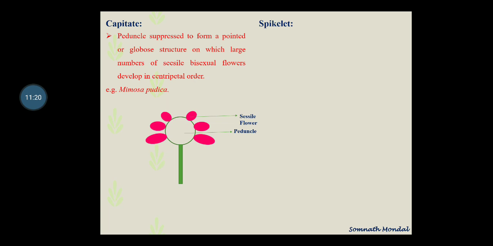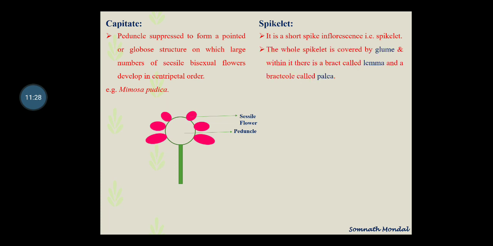Next is spikelet. It is a short spike inflorescence, that is why it is called spikelet. But the characteristic feature is that the whole spikelet is covered by glumes. Within it there is another bract called lemma and a bracteole called palea.